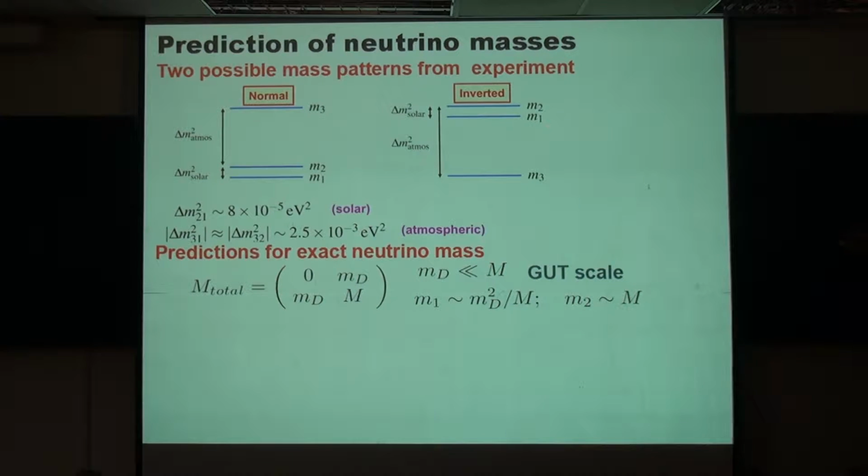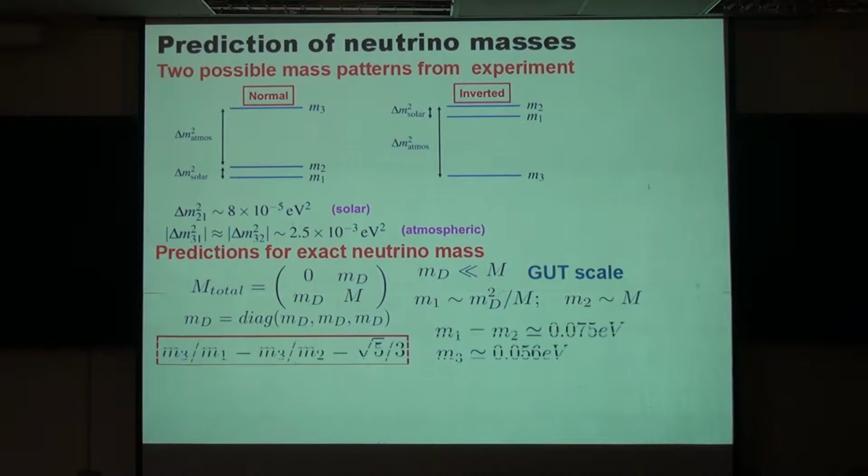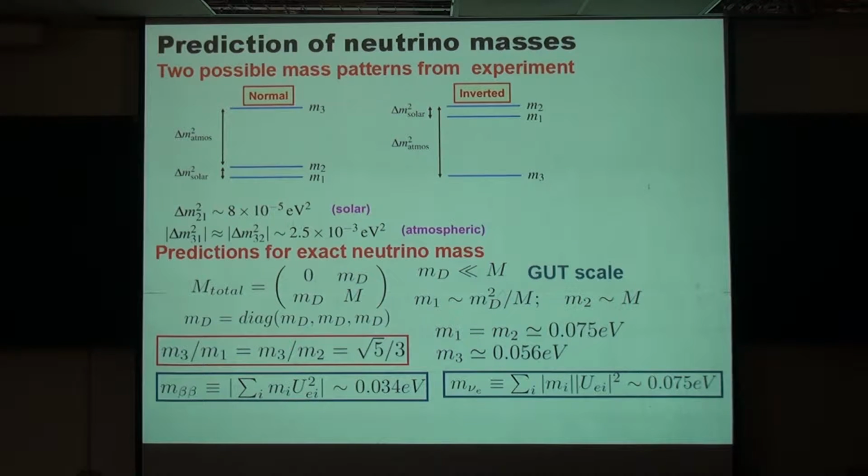So that's one part. Okay, now we compare to the experiment, and we find that we propose an inverted pattern, and there's a special ratio between M1 and M3. It's 3 over square root of 5. So that's a very unique prediction. And you can also easily compute the neutrinoless double beta decay effective mass, which is very small due to an interesting cancellation mechanism.